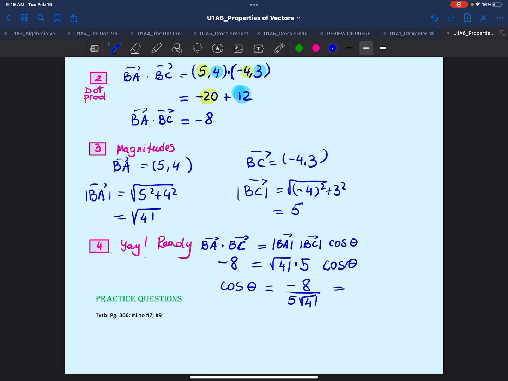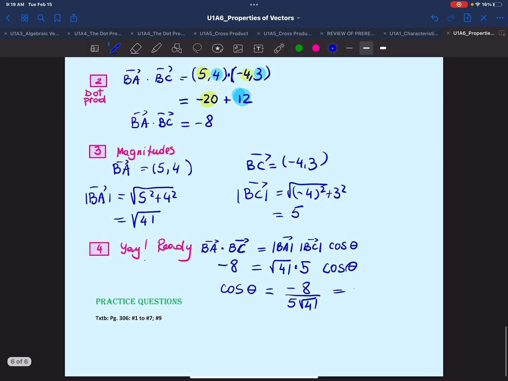So what we have is negative 8 divided by 5 root 41. So we're going to get a fancy decimal number.